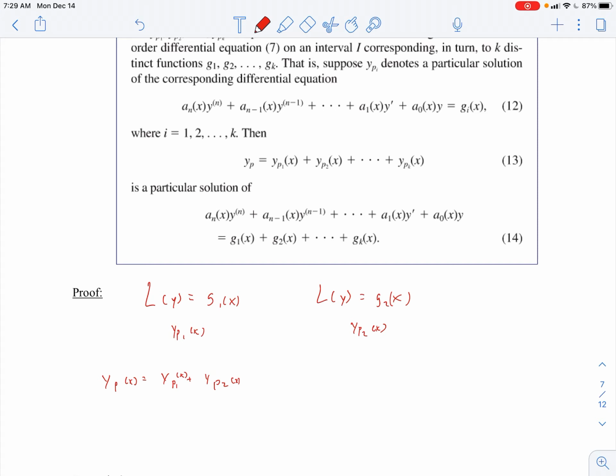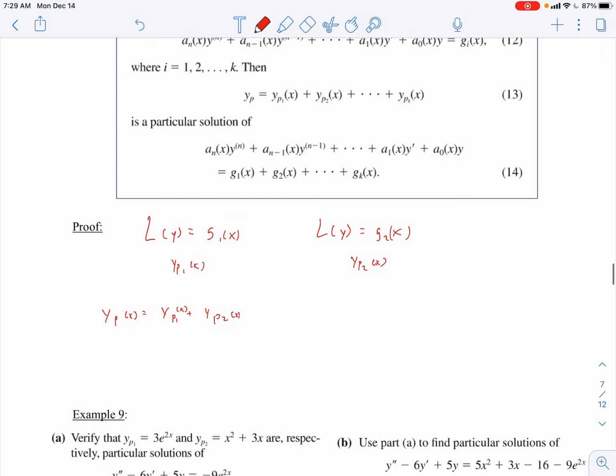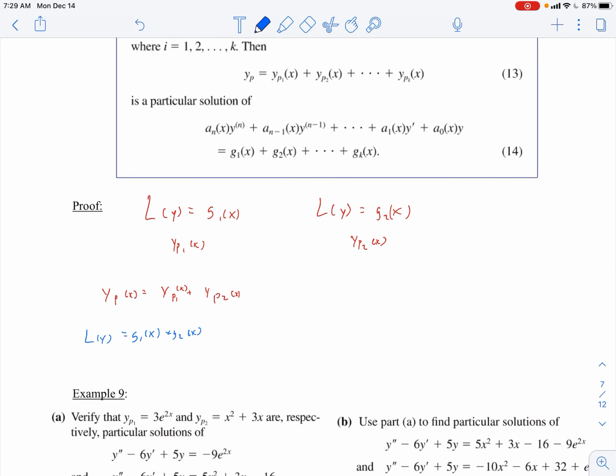I want to show that y sub p is a particular solution of L of y equals g1 of x plus g2 of x. The result is going to follow our rules for linearity. So if we plug our particular solution into our differential equation, we have L of y sub p1 of x plus y sub p2 of x.